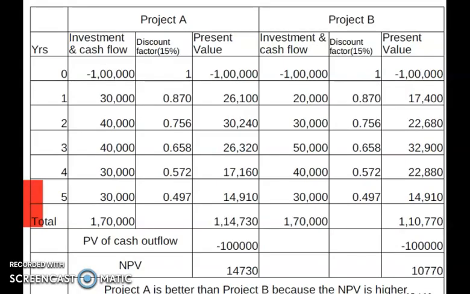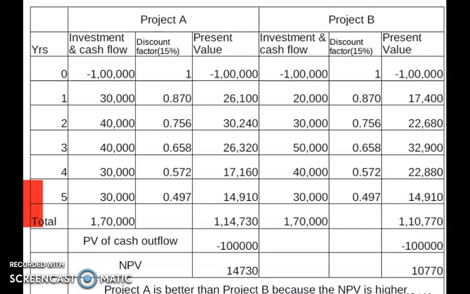We shall look into a problem to better understand this concept. There are two projects, Project A and Project B. You can see the initial investment is rupees 1 lakh in both the cases. In Project A, you can see the following cash inflows. The first year rupees 30,000, second year 40,000, third year 40,000, fourth year 30,000, and fifth year again 30,000. So here the discounting factor is 15%.